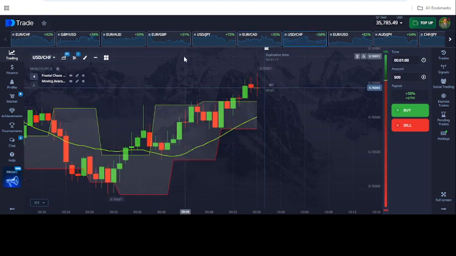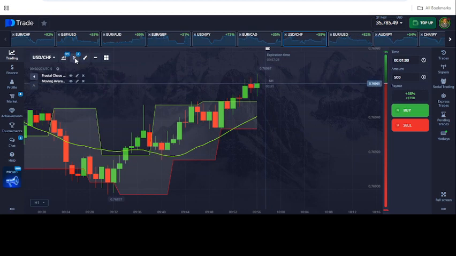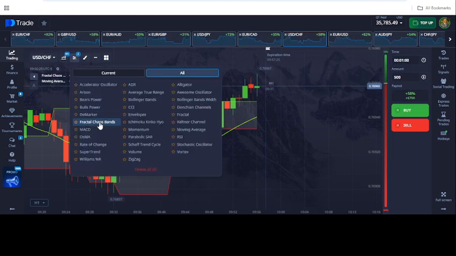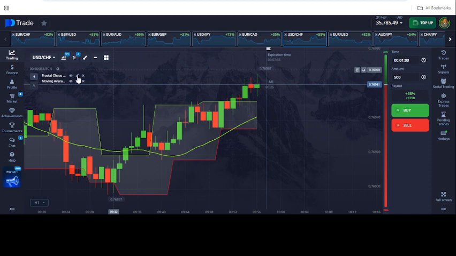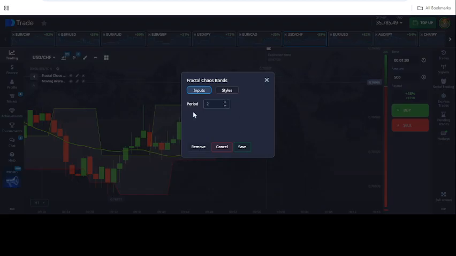I'm going to be utilizing two of my favorite indicators, and those are, when you click on the indicator icon here, the Fractal Chaos Bands and the Moving Average indicator. For the Fractal Chaos Band settings, I have the period set to 2, and in the style settings, I've changed the background color to white.